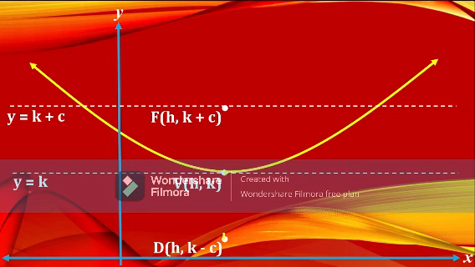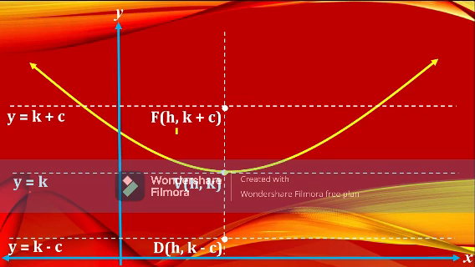The ordered pair would be k - c, and this is our directrix now, which is y = k - c. So this is simply an example of a parabola wherein the axis of symmetry is vertical and opens upward.